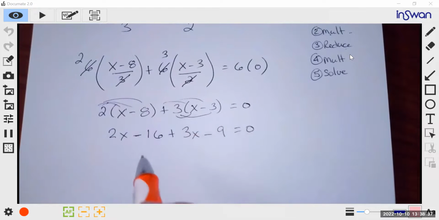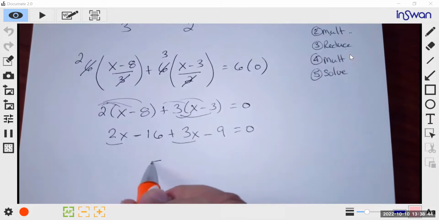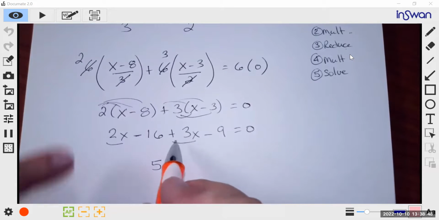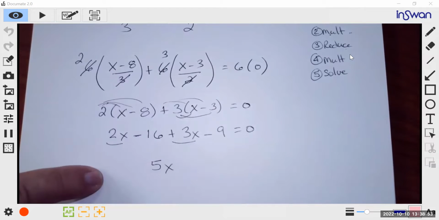After you get rid of parentheses, always do what? Combine like terms. Very good. 2x plus 3x is 5x. They're both positive, so you add them together. Then we have negative 16, negative 9.